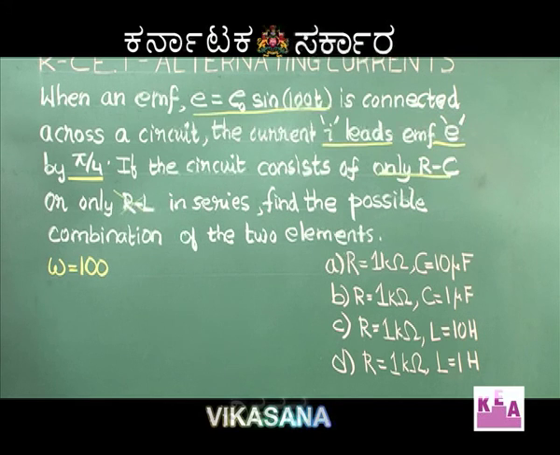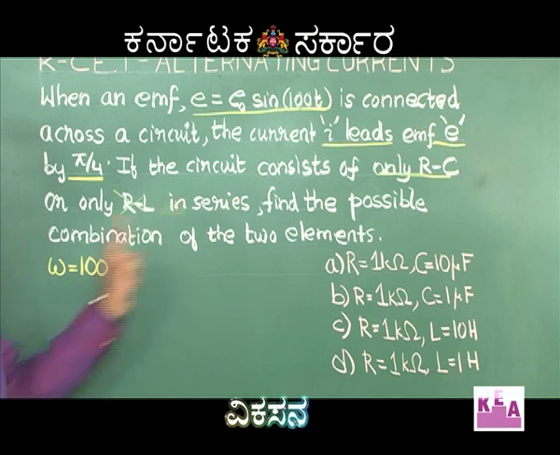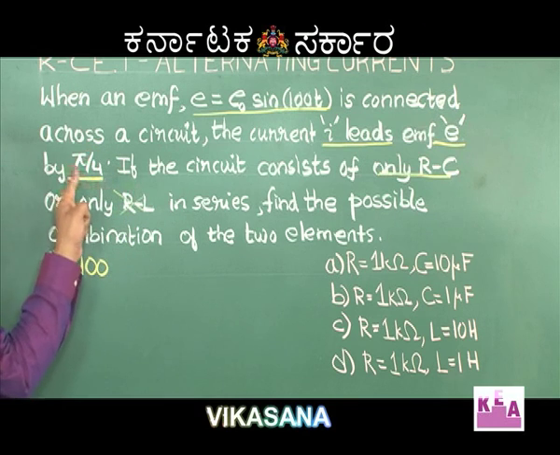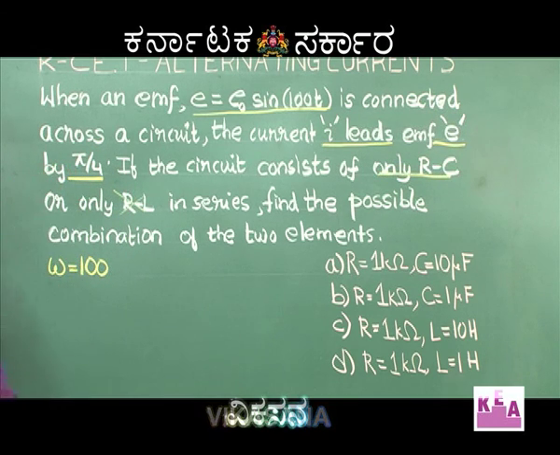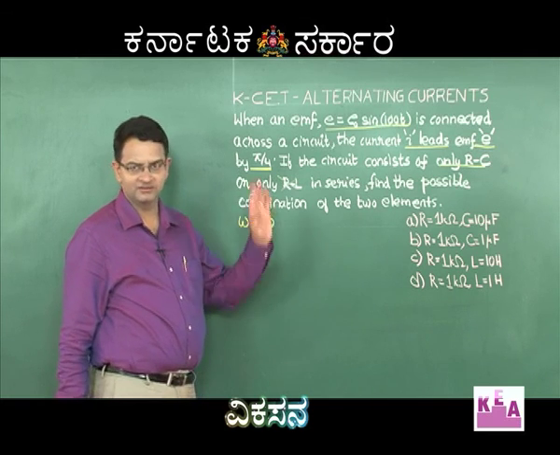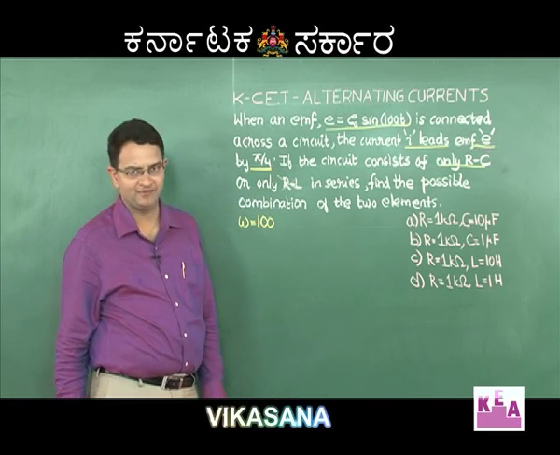So children, now the question is to find the possible combination of the two elements. Now what is it that we need to do? The first thing that we can do is use this second piece of information, pi by 4, the angle by which I leads the EMF.